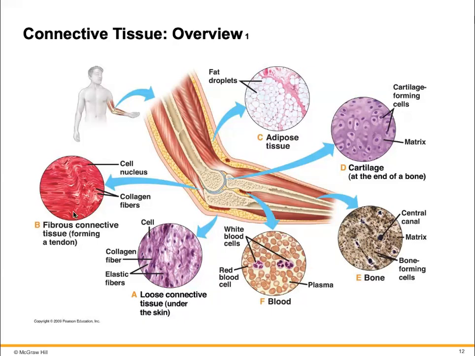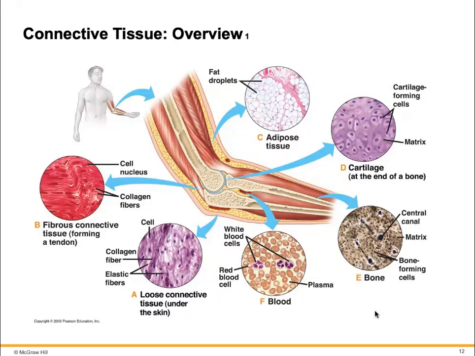The fibrous connective tissue tends to be laid out more densely, and it produces your tendons and your ligaments, where the loose connective tissue, you'll actually see an example of this in the dermal layer of our skin.